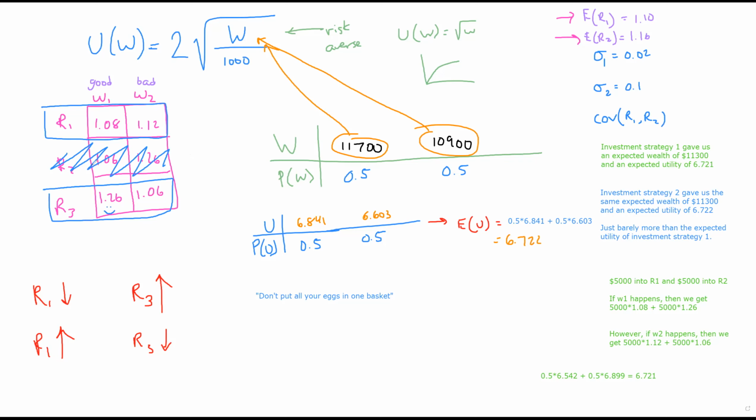If W1 doesn't happen and W2 happens, we lost here, but we ended up winning over here. So that's the idea of diversification. No matter what happens, whether the outcome is good or bad, I end up winning in one of these two columns, whether with R1 on the right or with R3 at the bottom left. That's really all you need to say for part F.